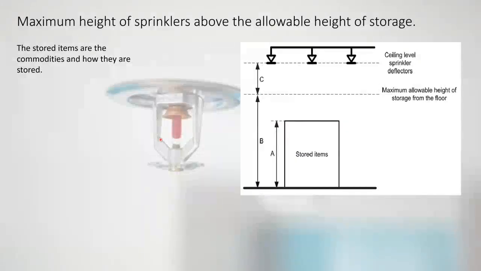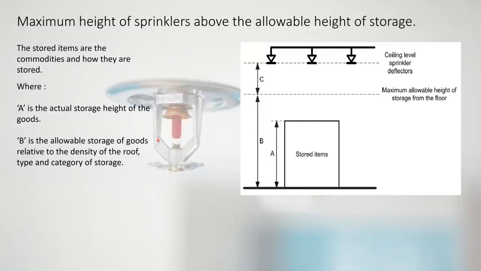Righty. Now, what we have when we've got roof protection only, stored items. So the stored items is the commodities, so that's your category 1, 2, 3, 4, and the way they're stored is the storage types, that's ST1, ST2, etc. It's irrelevant in this slide. Okay. So where A is the actual storage height, so that's what you're actually storing to.